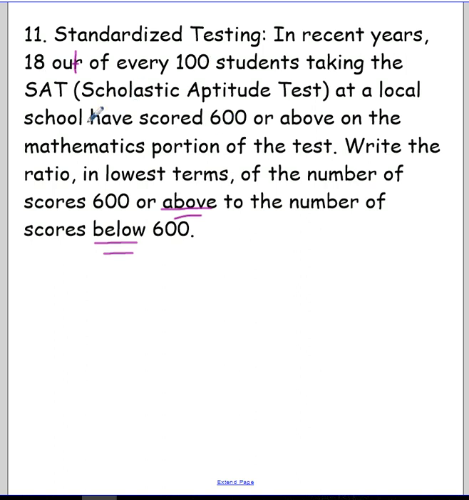And so the 18 is above. So to get below, we would need to take the total, which was 100 students, and subtract off the ones that are above, 18, to see that the number of students who scored below 600 is 82. And then we can set up our ratio.